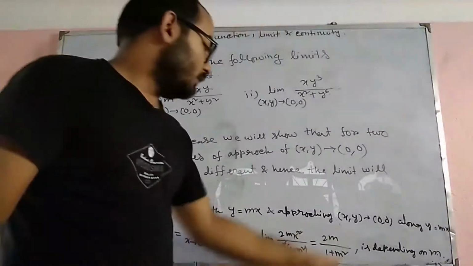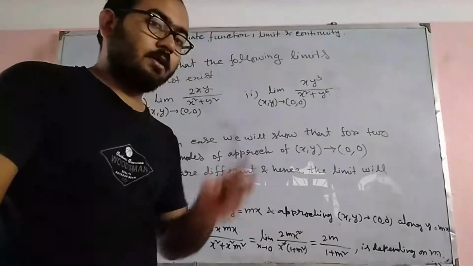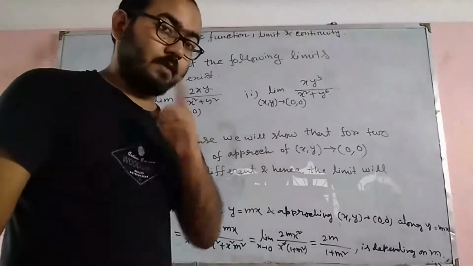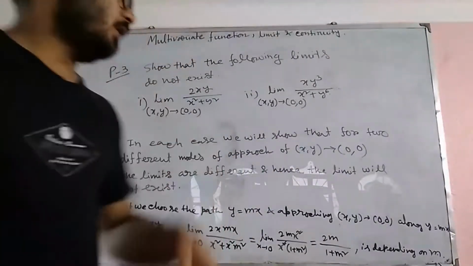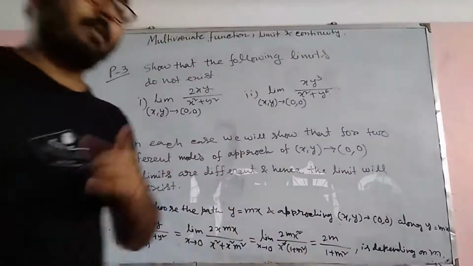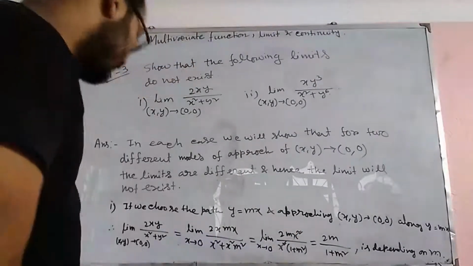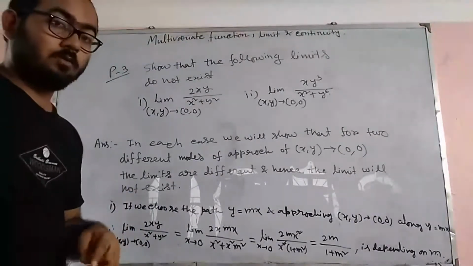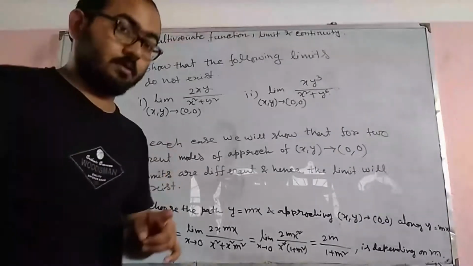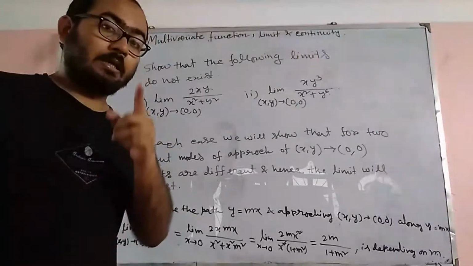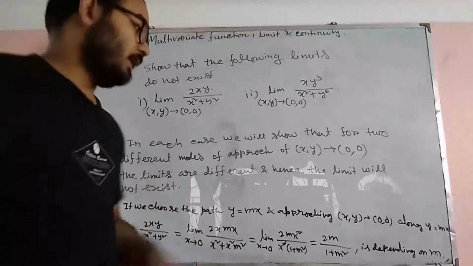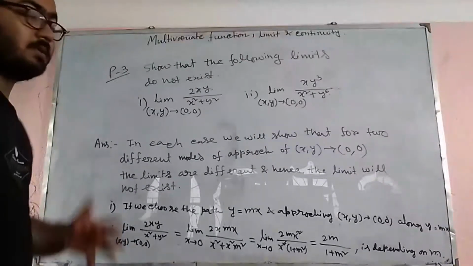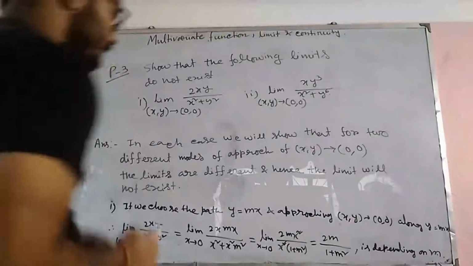See, this expression is entirely dependent on the values of m, and m takes various values because m is the gradient of the straight lines passing through the origin, and that is why the limiting value of this function at 0, 0 is different at each value of m, and that is why the limit of this function at 0, 0 doesn't exist, okay.